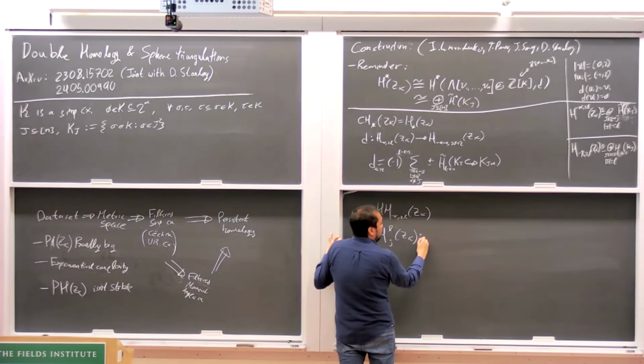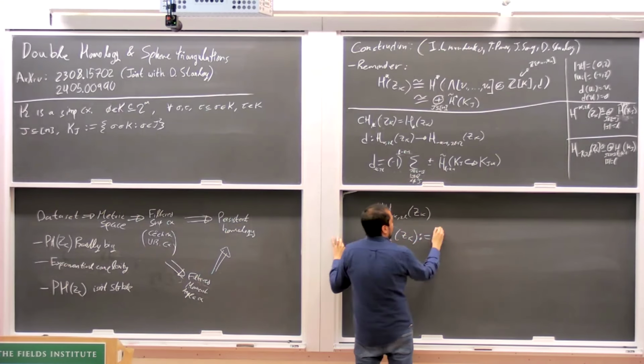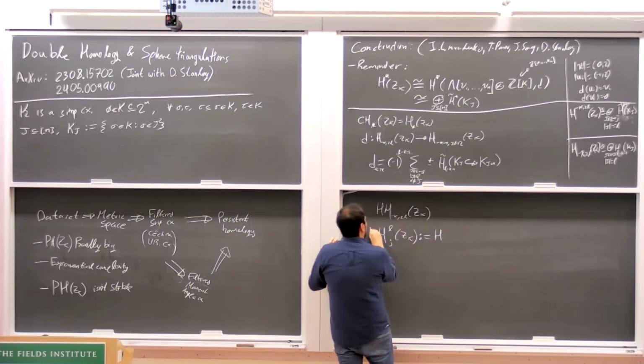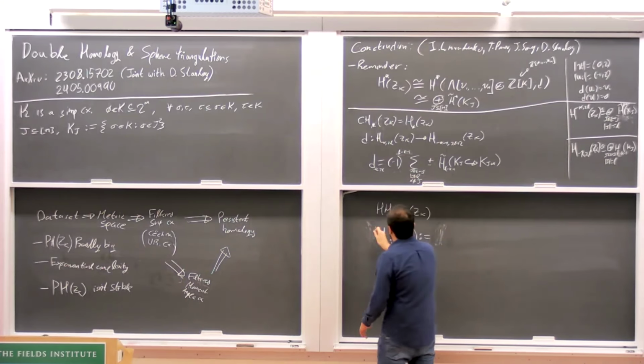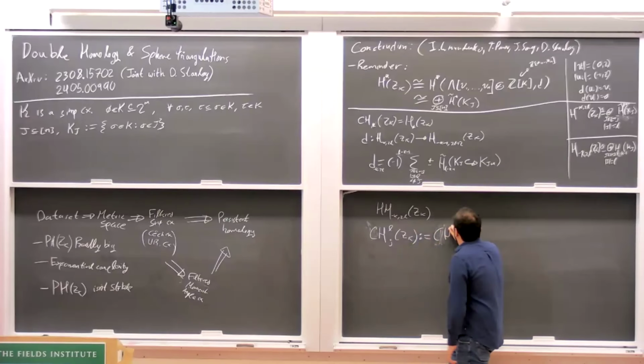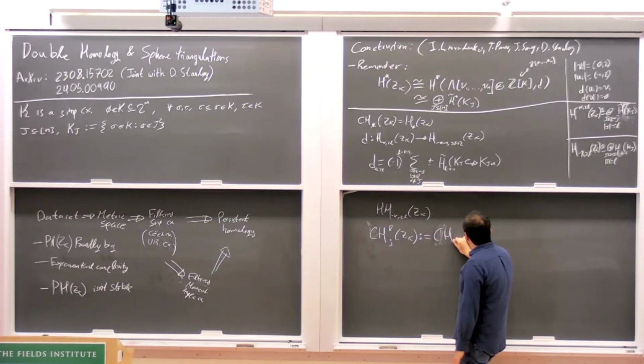And this is just going to denote CH of, what was it, J minus L comma 2L, set K.